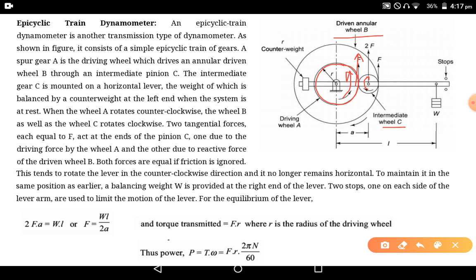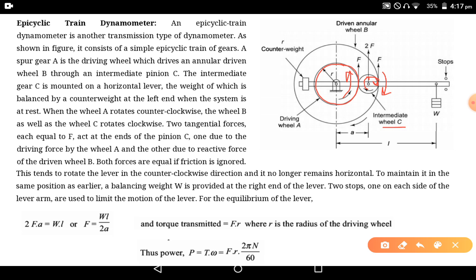Okay, so this planet wheel is then engaged with an annular wheel B, which is the driven wheel, right. So this annular wheel will rotate according to the motion of the intermediate planet wheel, that is wheel C. So it will rotate in the same direction, right. So if it is rotating in this direction, it will also rotate in this direction, right. So that's why it will apply a reaction force.